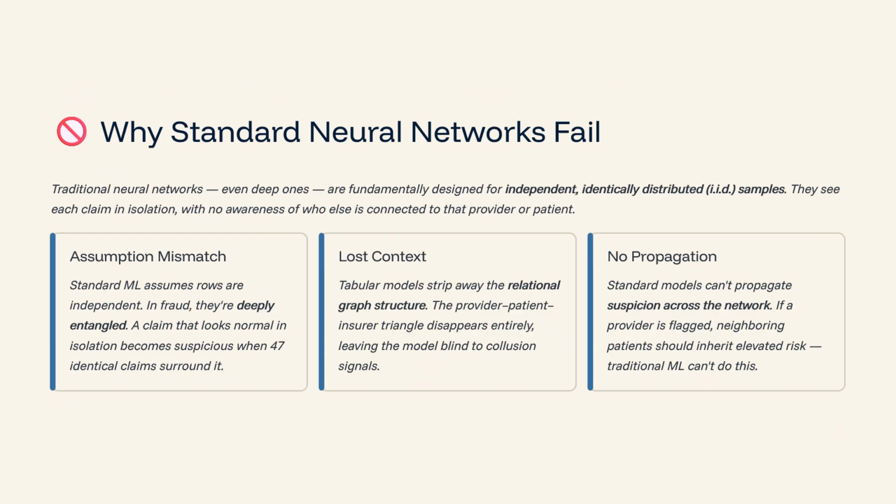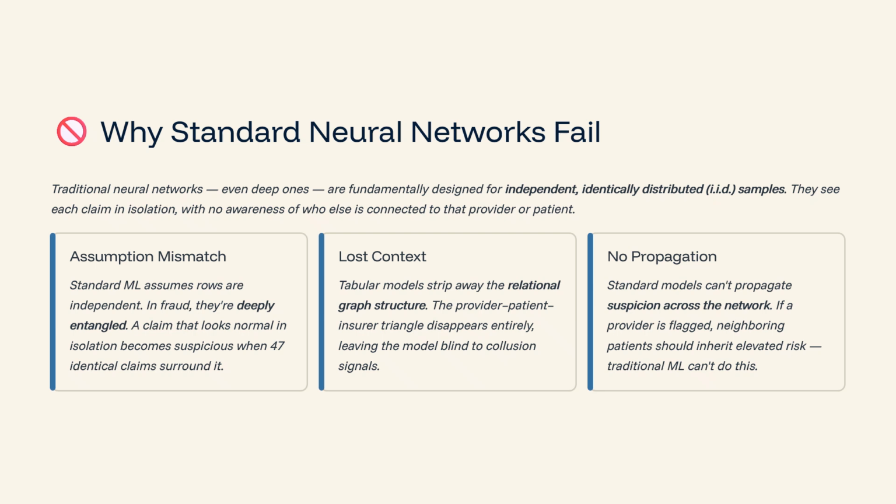So what happens next? When you throw a standard neural network at this problem, even a deep one, it fails. And here's precisely why. Traditional neural networks are built on a core assumption that data samples are independent and identically distributed. In plain English, they assume that each row in your data set has nothing to do with any other row.